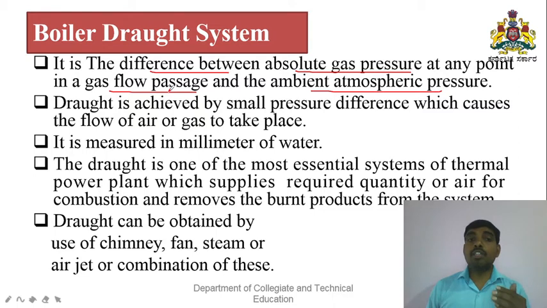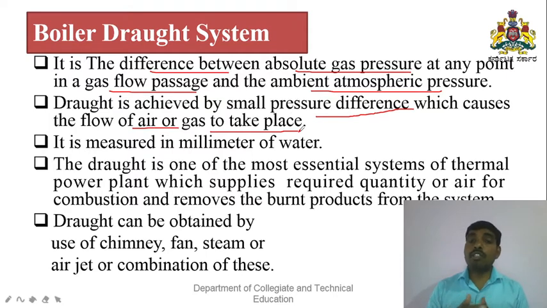That means it is the difference between the outside pressure and the pressure inside the boiler, the absolute gas pressure inside the boiler with the flue gas passage. Draught is achieved by a small pressure difference which causes the flow of air or gas to take place.